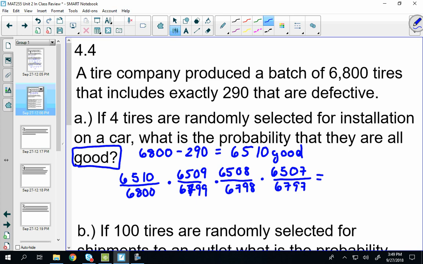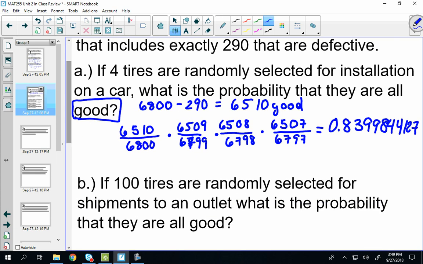When you put that in your calculator, you get 0.83998444127. And if we use that rule where we round to 3 significant digits, I'd say this probability is about 0.840, because that 9 tells me to round that other 9 up.